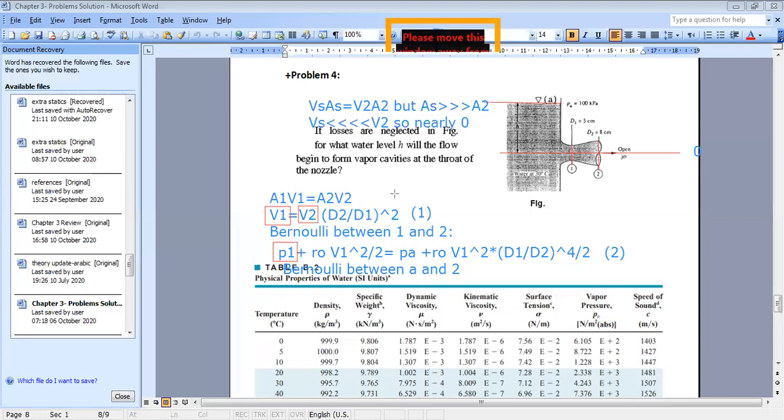We should write it 2 times. So now, what we will do is write Bernoulli between A and 2. And we say that between A and 2, what do we have? Do you hear me?